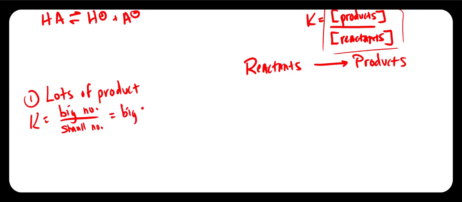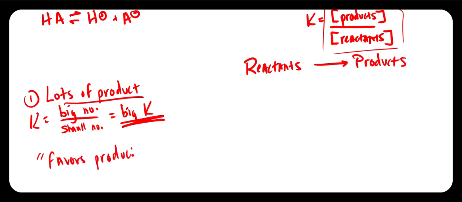So it gives me a big K. A big K is what I'm going to get if I have lots of product. And the term we'll see is that I'm going to favor the products. So favoring the products is a big K and lots of reaction progress.